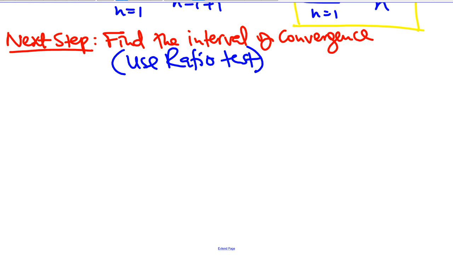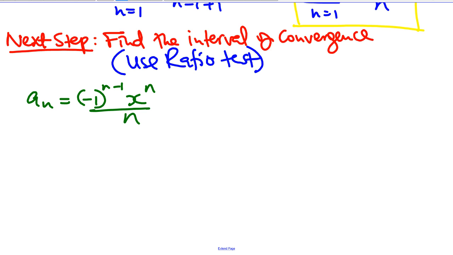We know that our s sub n is now, because you're going to use the ratio test, I'm really not going to pay attention to negative 1 to the power n minus 1. But anyway, I'll just write it here: negative 1 to the power n minus 1, x to the power n over n.